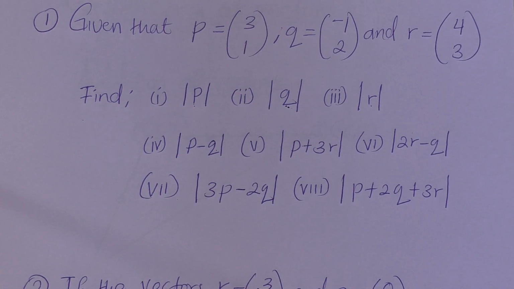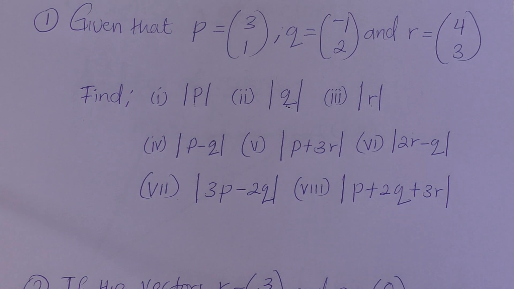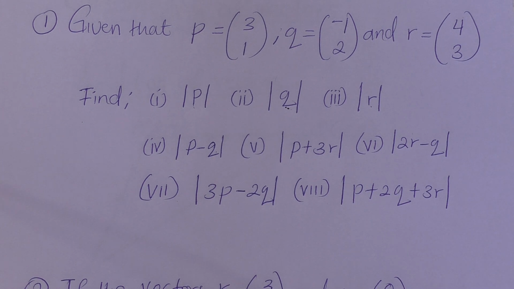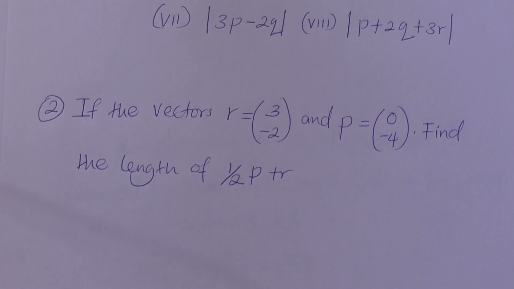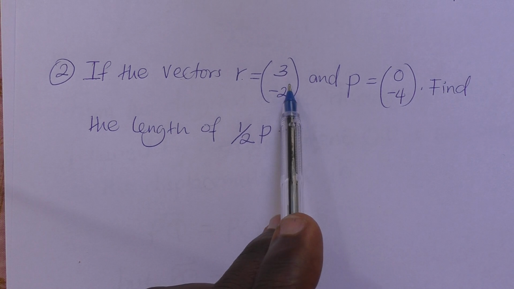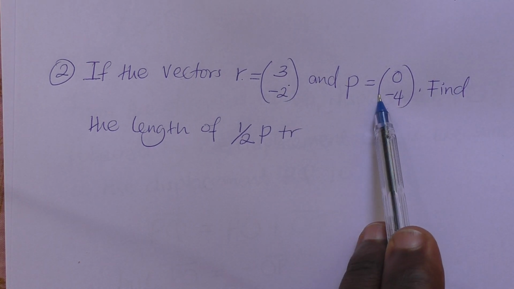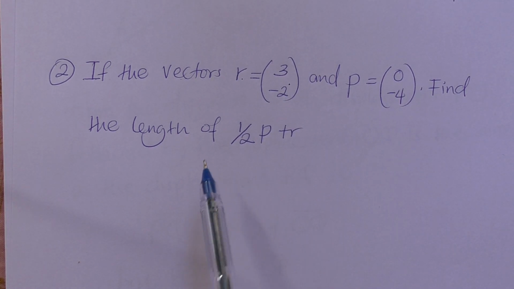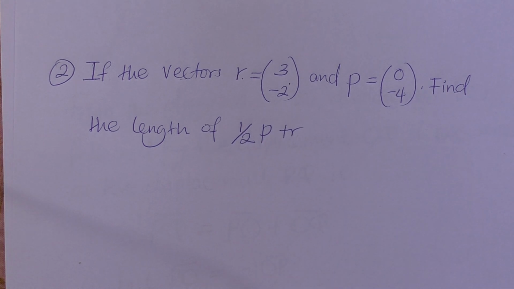Now when we come back to the question, please try out the rest. That is for our perfection. You try out and you may also comment with your solutions. Otherwise, there is also a second number for us to try out, which says that if the vectors R equals that, P equals that, then they want us to find the length of a half P plus R. That is also yours to try out.